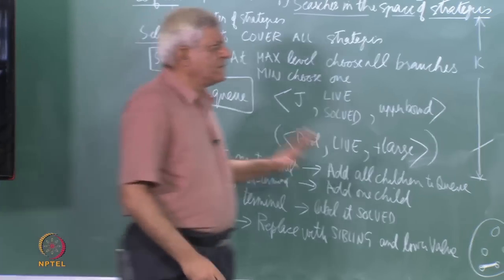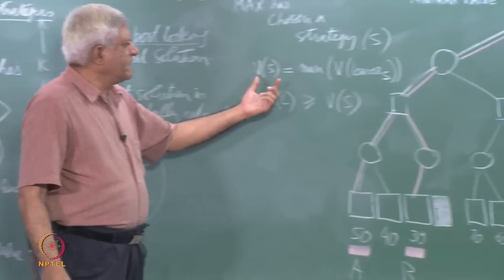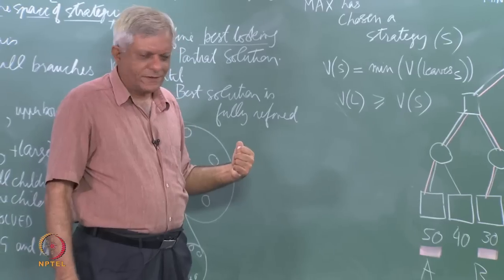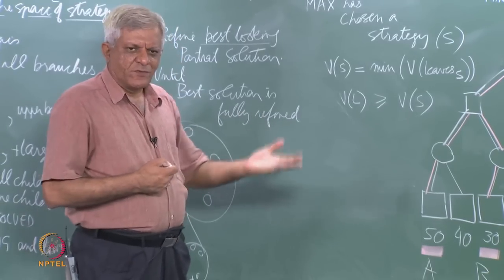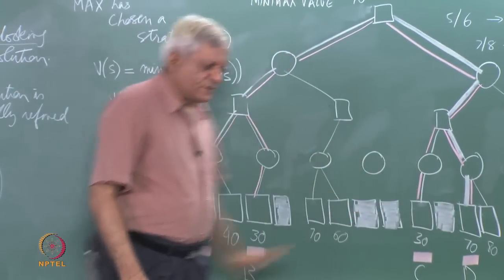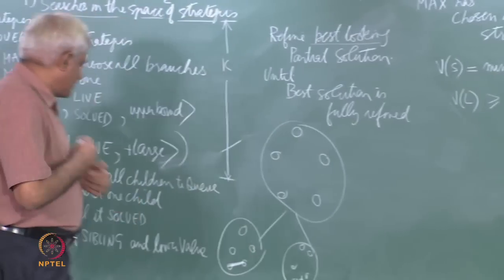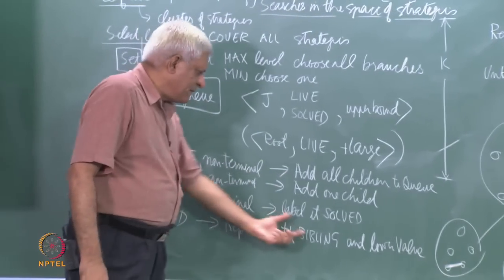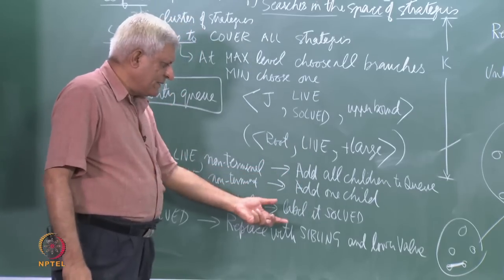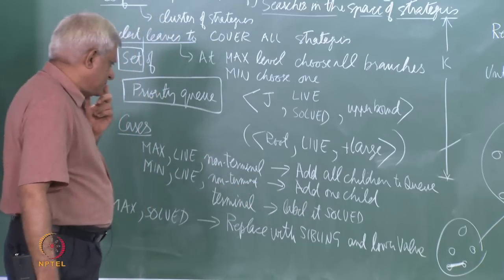Why? Because remember that the value of a strategy is always the minimum of the value of the leaves essentially, and if you are looking at one more leaf in a strategy and if it has a lower value, we must keep the lower value. If it has a higher value, we must keep the lower value from the first node, it does not matter where the lower value comes from. So, keep the sibling as a representative, replace with sibling and with a lower value.